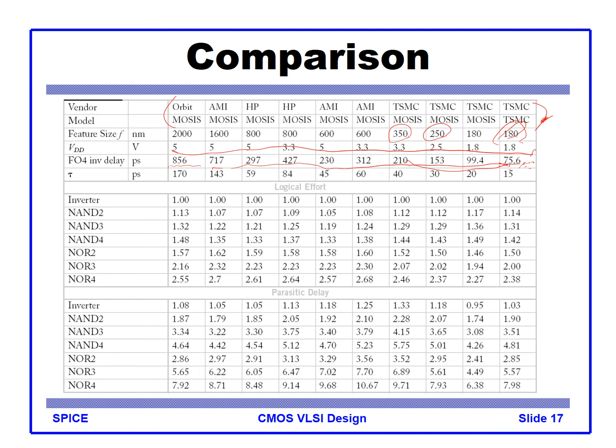But for 250 to 180, the tau is about 2x faster here. What you see is the supply doesn't scale as much. It just stays at 1.8 volts, so we cannot directly compare the speed versus feature size.